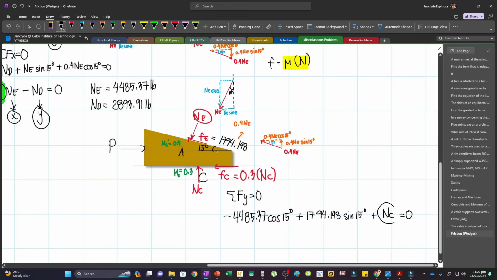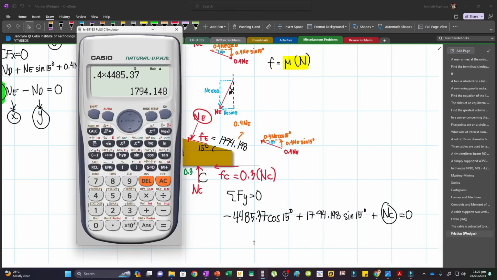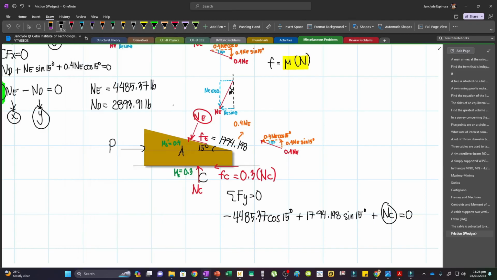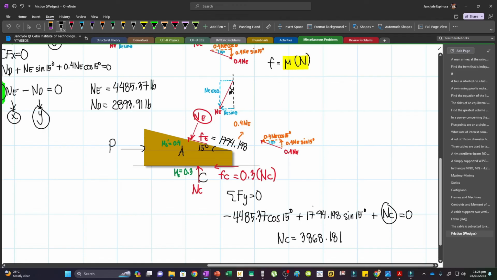And so now I can get NC because it's the only unknown. And so solving that one, I can just move this to the right. That will become positive. And so 4485.37 cos 15, and then minus 1794.148 sine 15. And so that will give me 3868.18. So NC is equal to 3868.18 pounds.